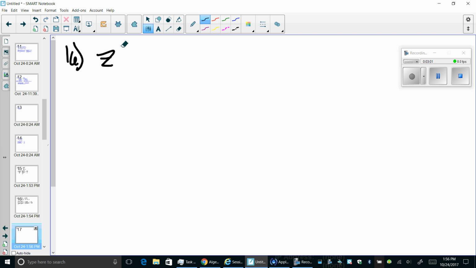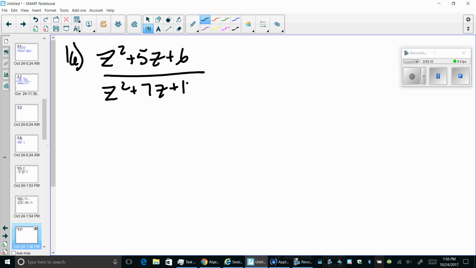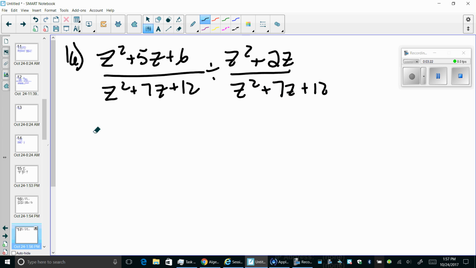All right, number 16 is a division problem. So with division, z squared plus 5z plus 6 over z squared plus 7z plus 12. I'm going to need to factor all this, but I got to worry about the division first. So it's done a lot like that last problem, except this is division. What I'm going to do first is rewrite the first one, and you may can skip some of these steps.